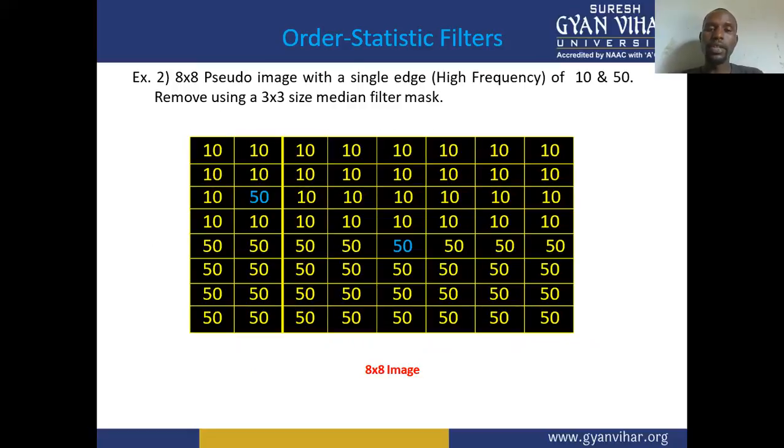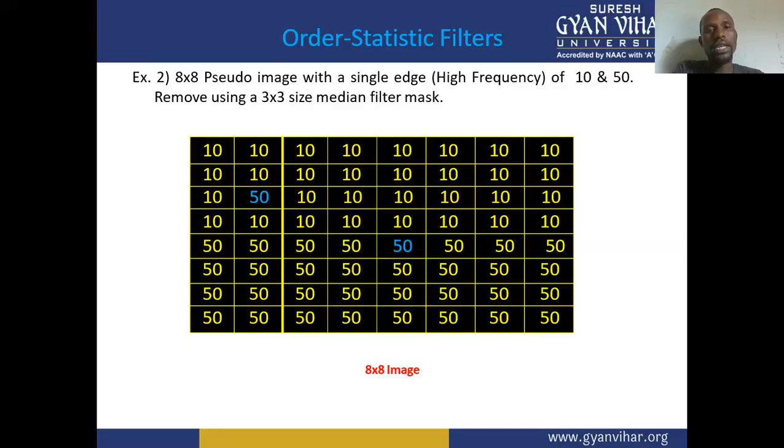This is an example in which you are going to look at how we can perform a median. Now, in this image, we have a pseudo image. With this pseudo image, we are trying to show how we can apply a high frequency of values 10 and 50. 10 is the maximum value in a given matrix mask, and 50 the central value.